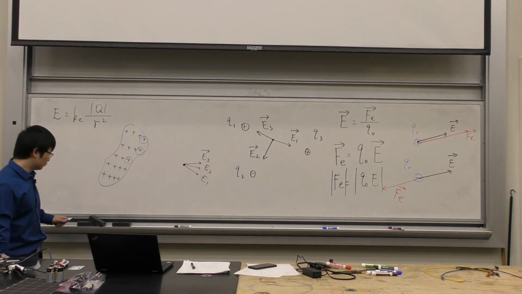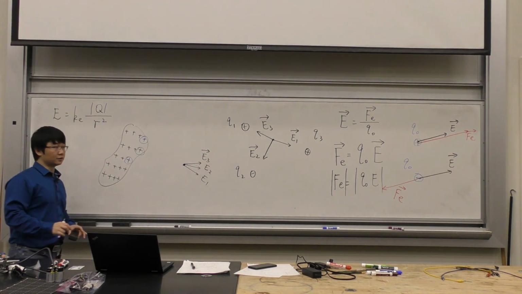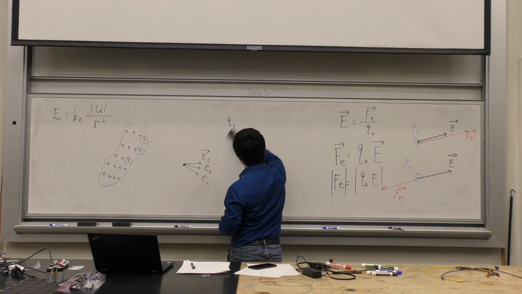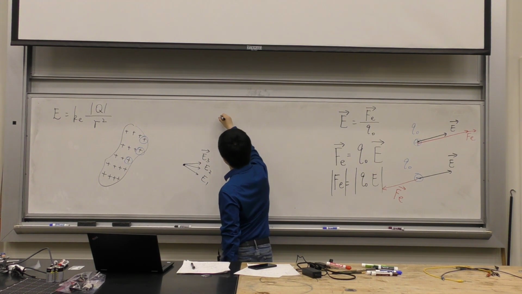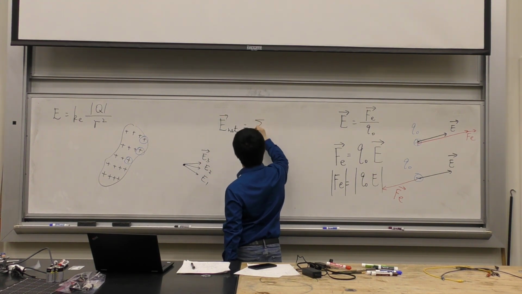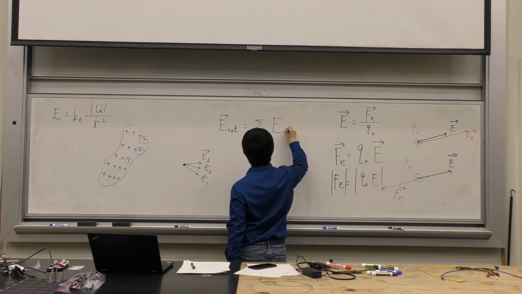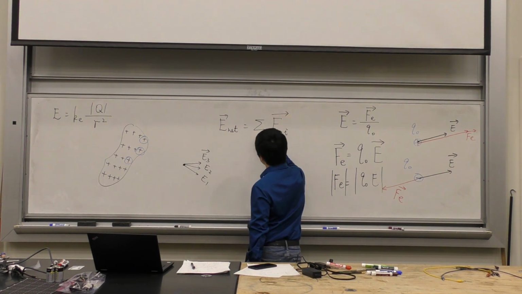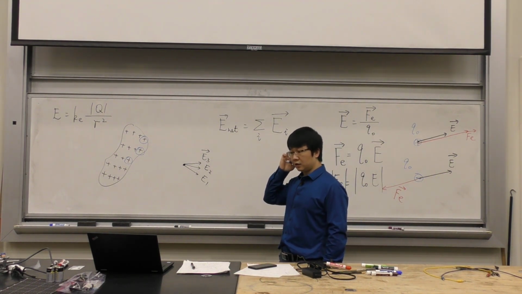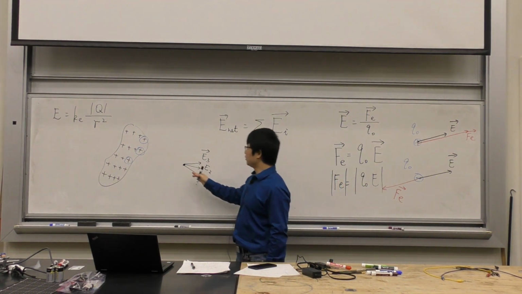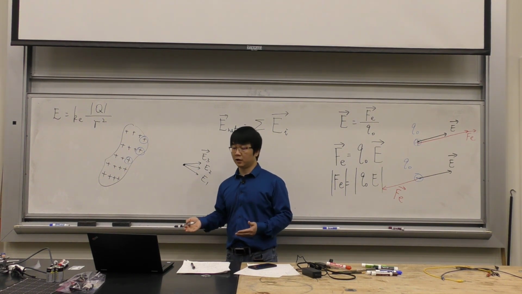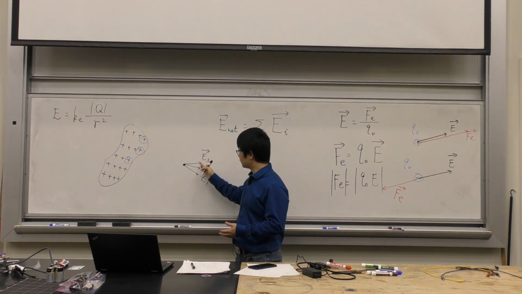So the theory is still the same. All I'm going to do is add all these electric fields together. The net electric field is still going to be the summation of all these E's, which we'll call E_i. Now the problem is this: you have an infinite number of charges, so you're going to have an infinite number of these vectors.